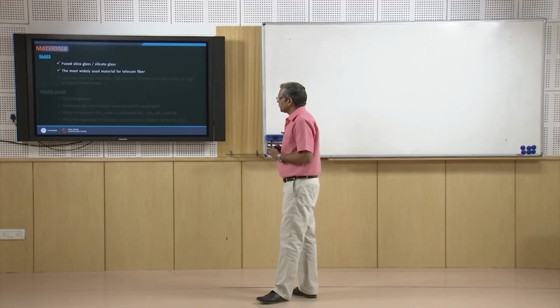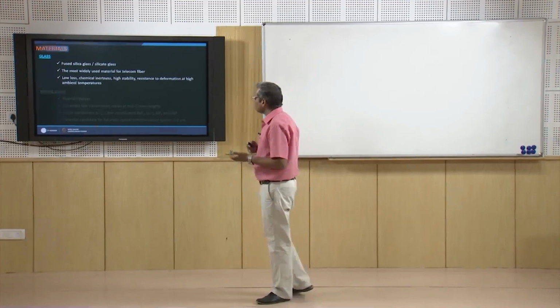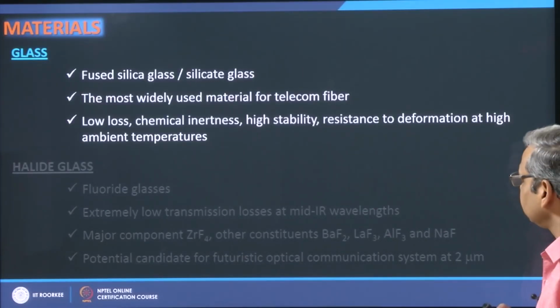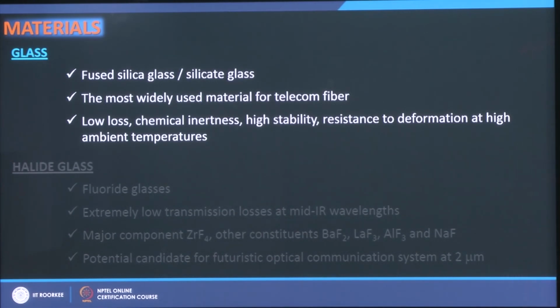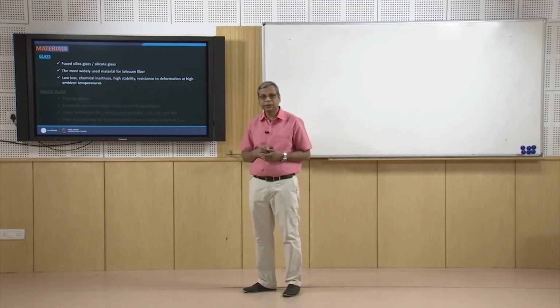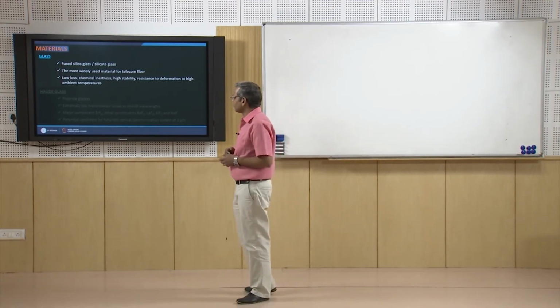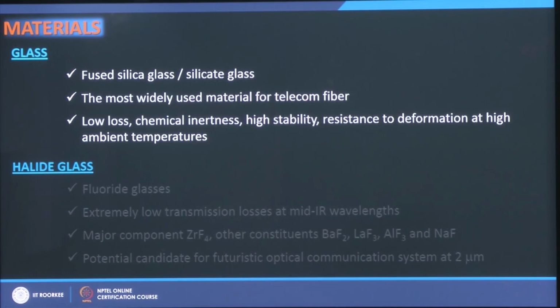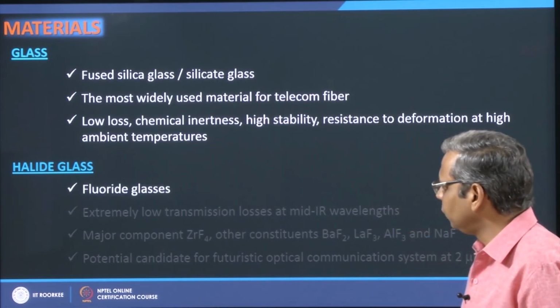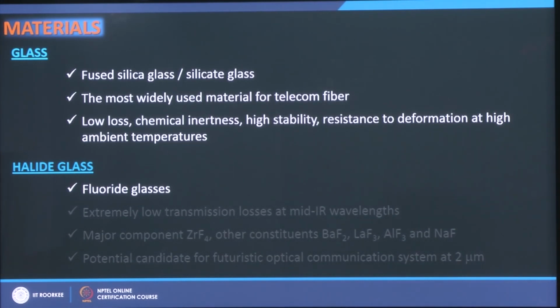In old days, people used to make fiber in a similar way. They used to heat up the glass and throw it, and when they throw it, a fiber is drawn out of that. So this technique is similar to that, but it is of course much more sophisticated.